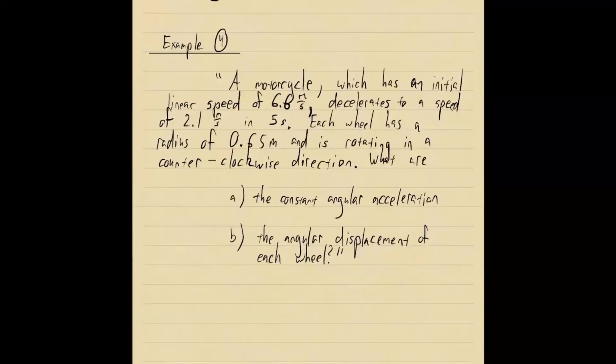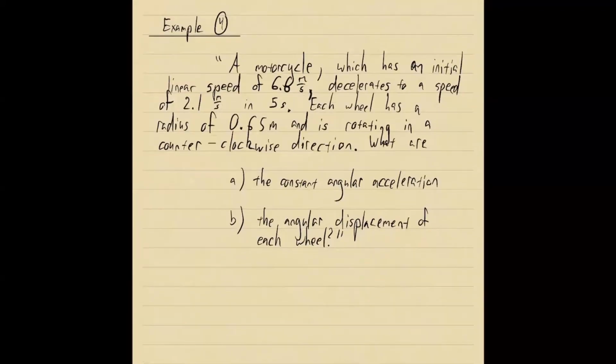So the reason why we have these wheels rotating counterclockwise, if you guys remember, when we were talking about angles, this was our y-axis, and this was our x-axis. I would always define angles relative to the positive x-axis, and I would say that if they were going counterclockwise like this, then our angles were positive, and if they were going clockwise like this, we would say that the angle is negative.